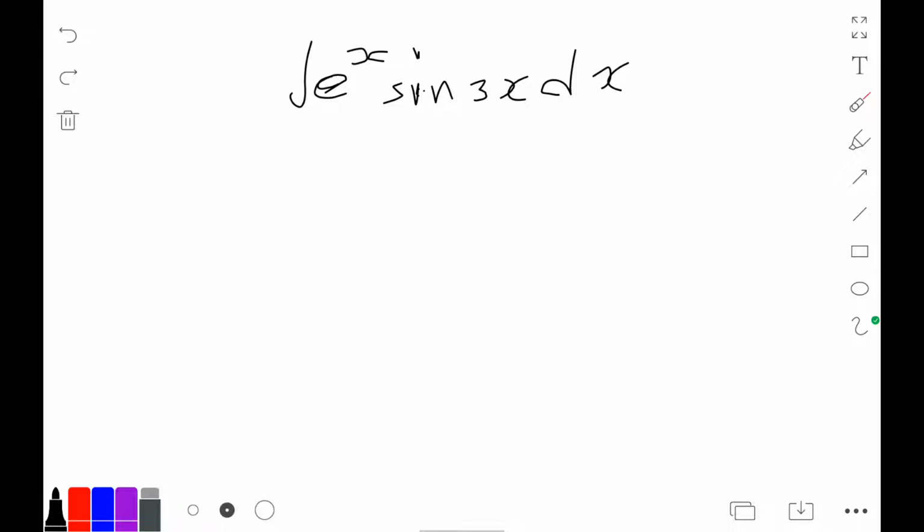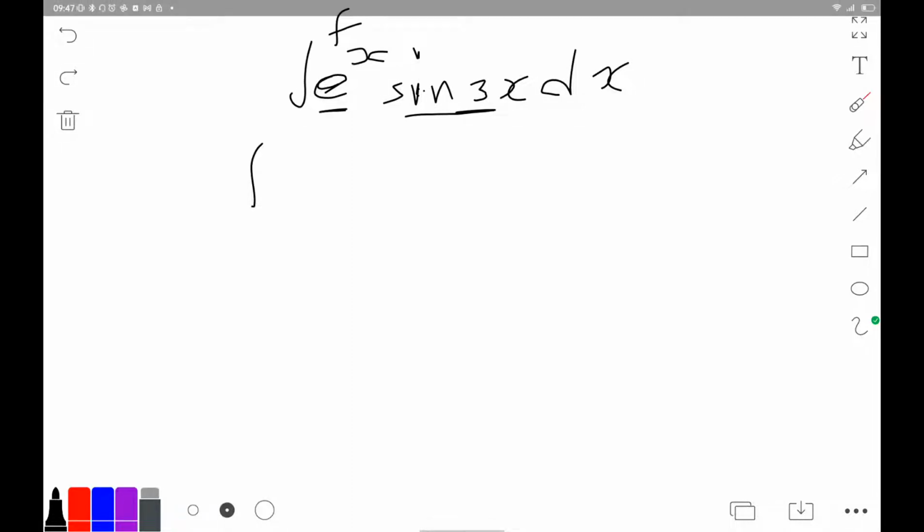To integrate by parts, the formula says, if you have a function and another function, we can name this function f and this one g.